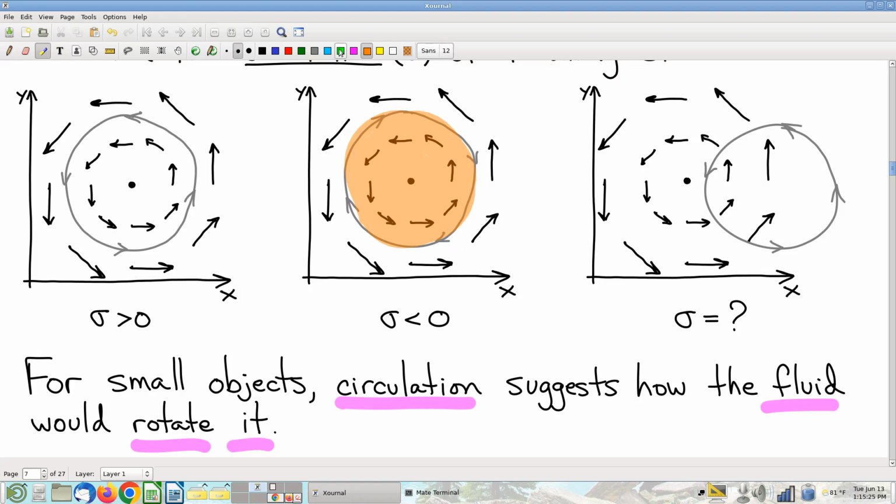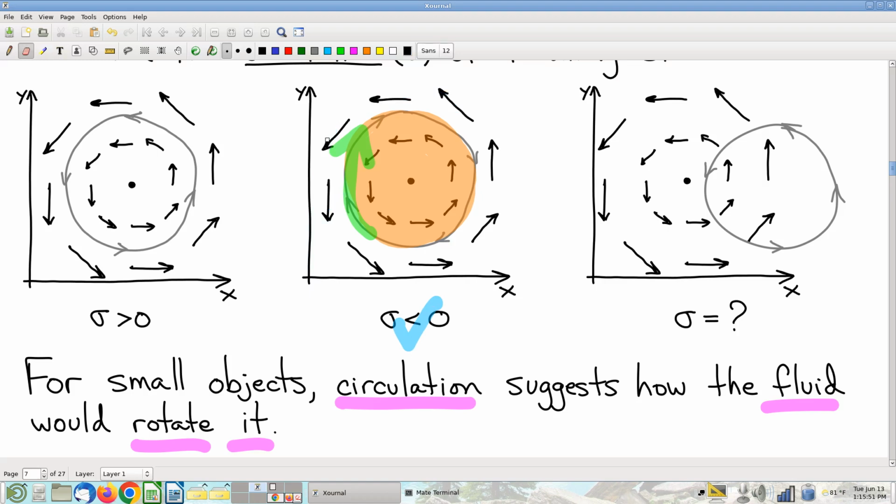And let's ask the question, to what extent would this water flow rotate the leaf clockwise? And the answer, it would not rotate the leaf clockwise. It would rotate the leaf counterclockwise. And so, again, negative, because the question was about clockwise. The answer is that it's going the other way.